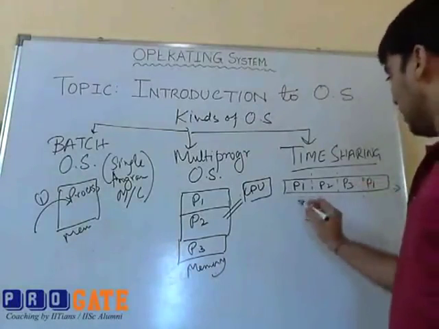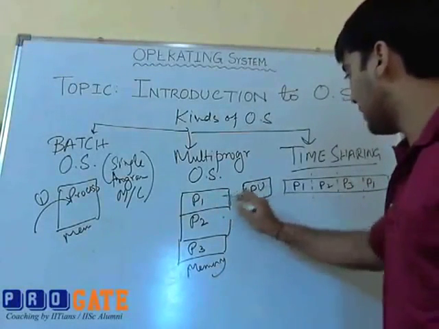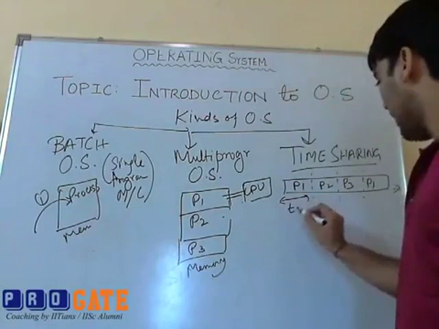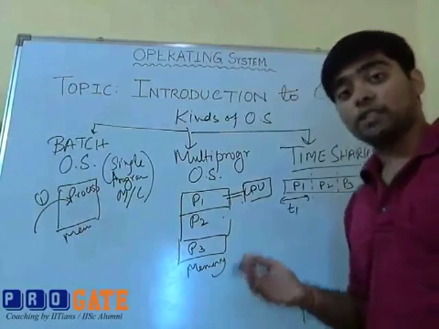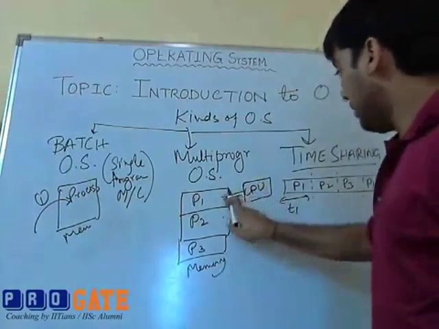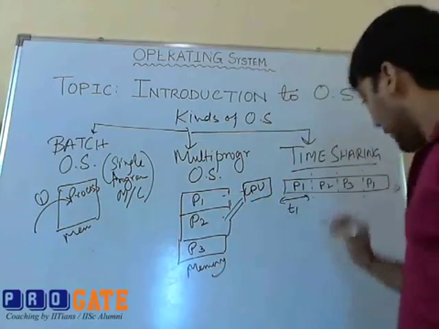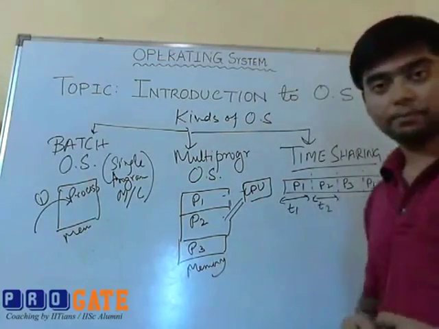Hence, say initially P1 is being executed by the CPU. After a fixed amount of time T1, even if P1 still requires a CPU, the CPU would be given to P2. Then P2 would execute for say T2 amount of time.